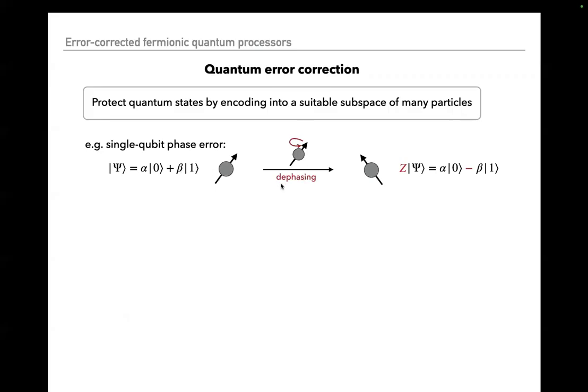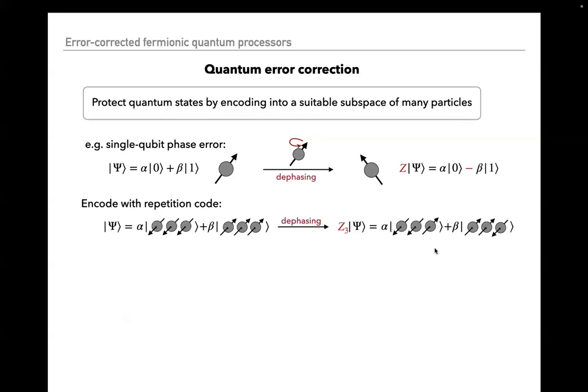You might now have a dephasing operation, which applies a Z operator onto the state, an operator that you maybe didn't want to apply in the first place, and you don't know that it was applied. It would erroneously flip the sign of beta and therefore directly corrupt your quantum information.